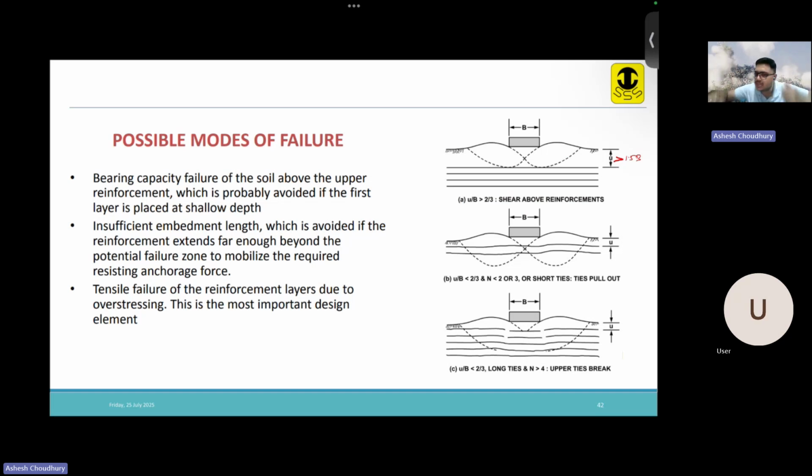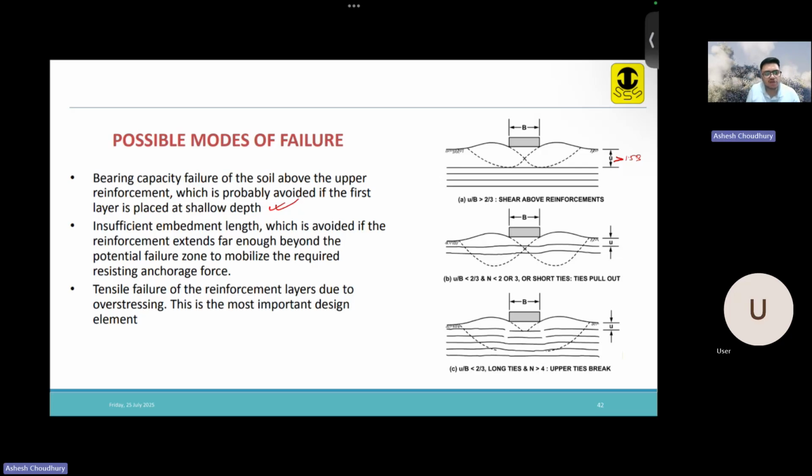So there is no use of placing the reinforcement. This is the first one. It can be avoided if the first layer is placed at a shallow depth, where U by B is less than 2 by 3.